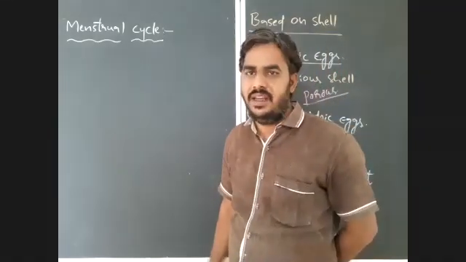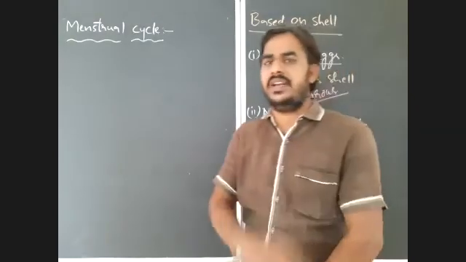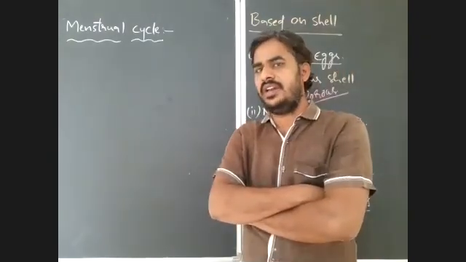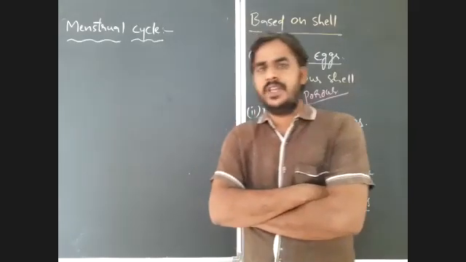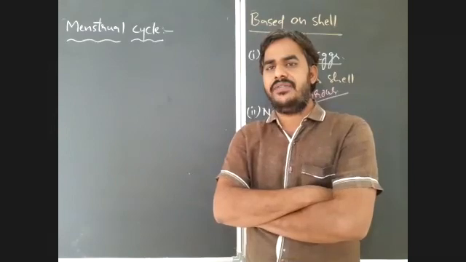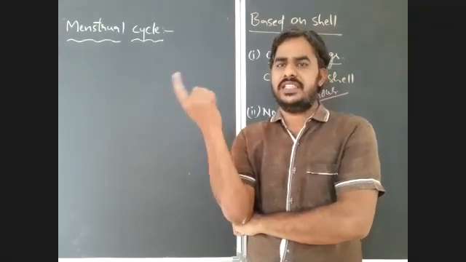And this menstrual cycle in human beings is a highly hormonally regulated process. Here, in the menstrual cycle of humans, there are 4 phases. The first phase is the menstrual phase or bleeding phase.